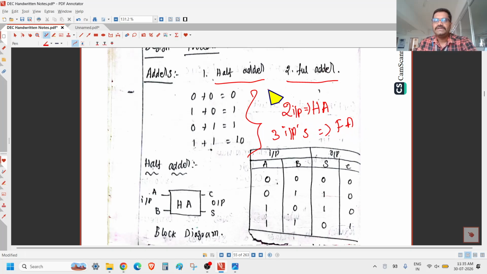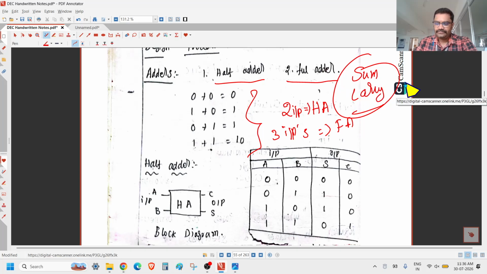That is the major difference between half adder and full adder. That means half adder has only two inputs and full adder has three inputs. Both half adder and full adder contain only two outputs, that is sum and carry.